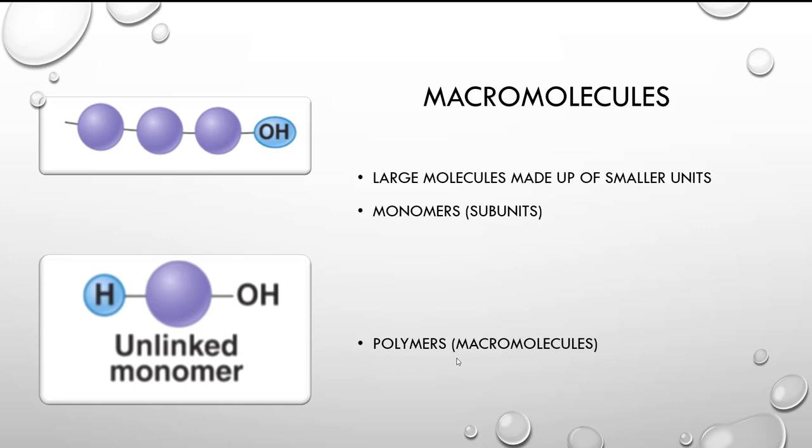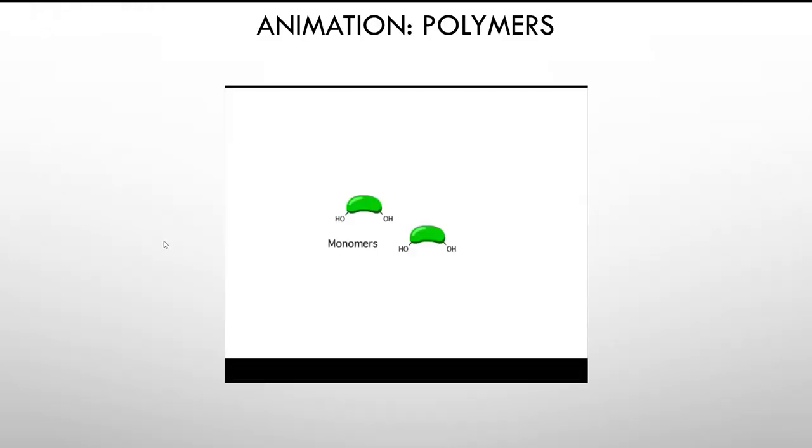Polymers are large molecules, and they consist of many identical or similar types of building blocks strung together. Monomers are those building blocks. So we're going to watch a video describing how those polymers come to be using the monomers.